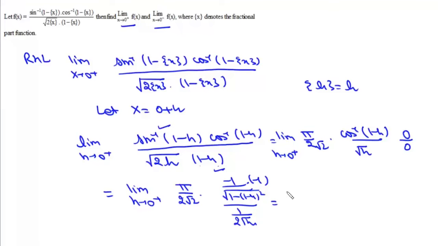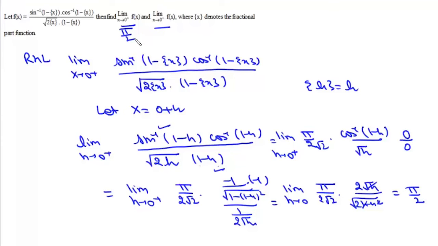Now minus and minus will be plus, so it will be this limit h tends to 0 pi upon 2 root 2, and we can write this as 2 root h, and here will be this under root of 2h minus h square. Now under root h will cancel, so we get this value as pi by 2. So for this function, its right hand limit is pi by 2.